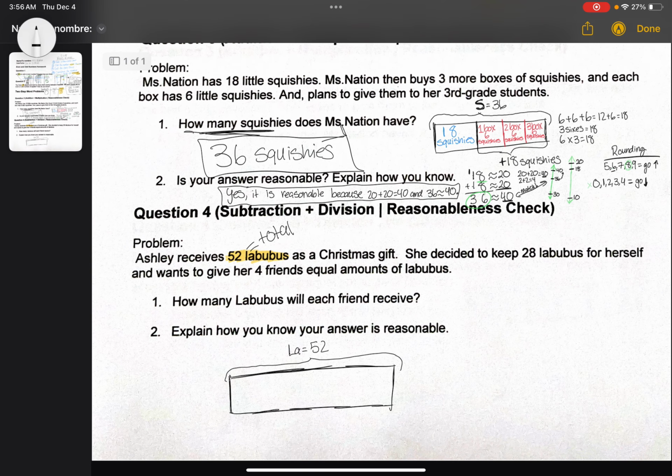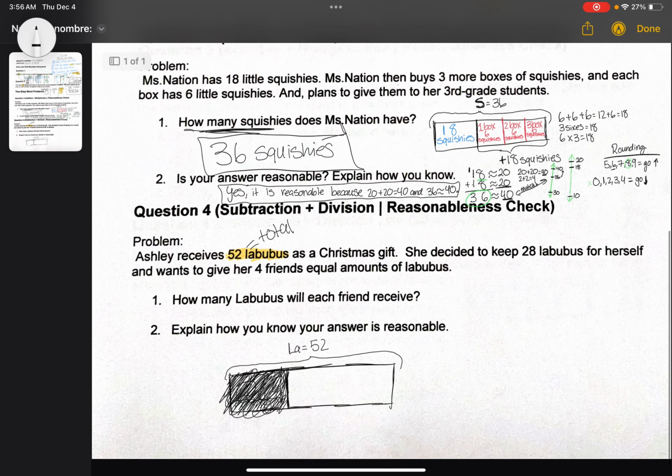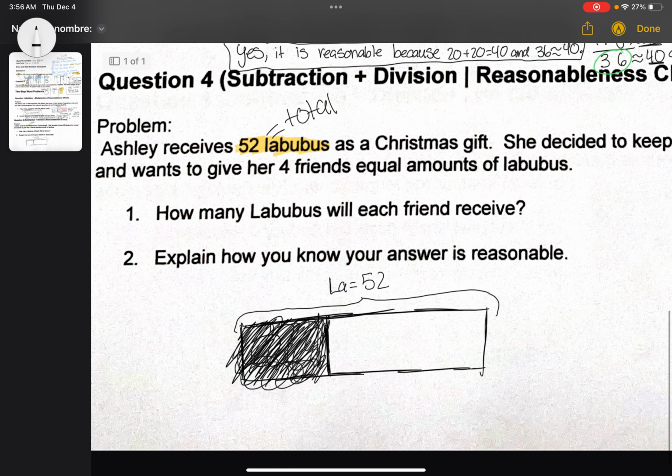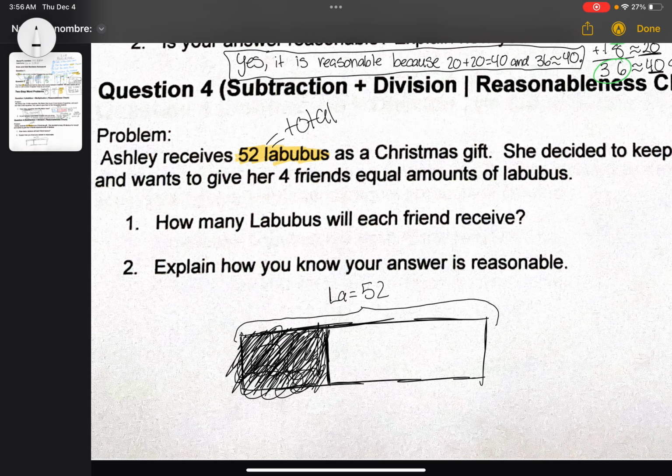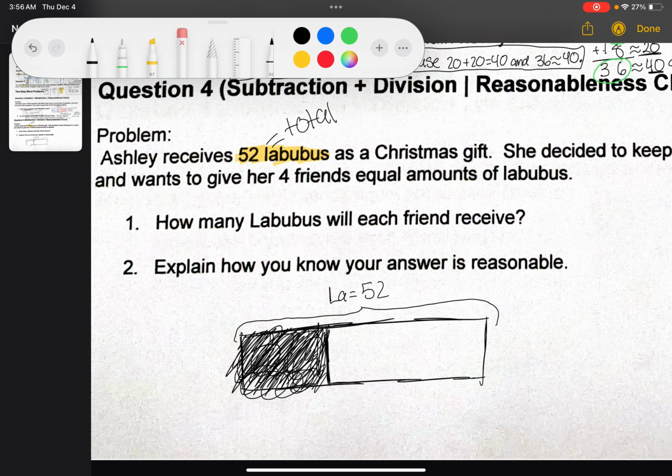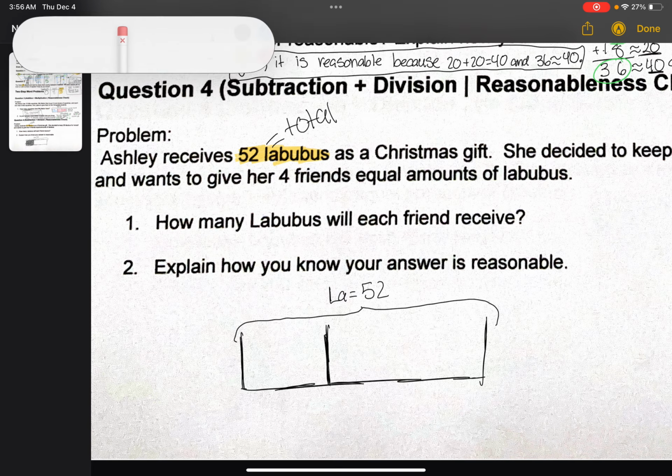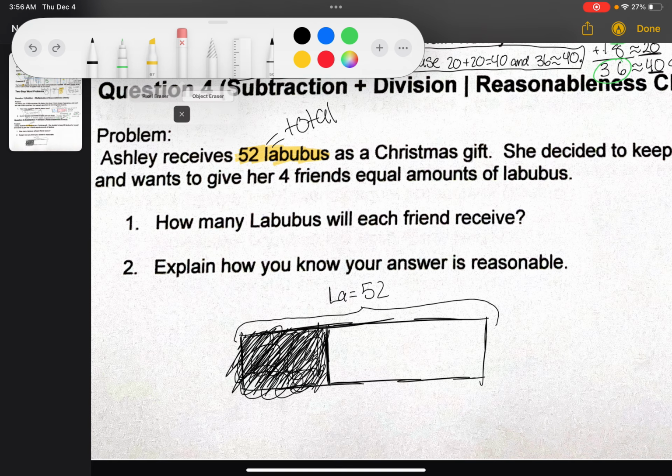Now, Ashley decided to keep 28 Labubus for herself. So that would mean a part of our strip diagram is gone. She's not bringing it with her anywhere. That's what she's keeping. So we're going to make this side disappear. Okay, there we go.